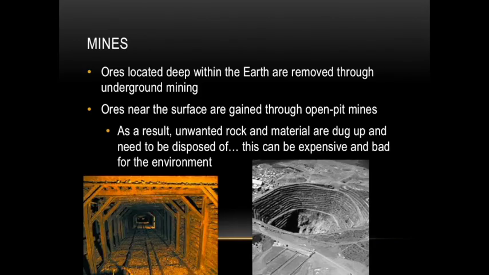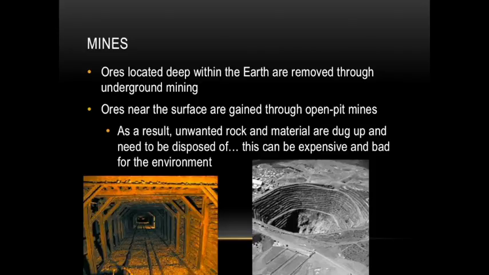In order to extract this ore, we dig mines. So we have these machines that will either dig deep underground into shaft mines, or you'll have mines closer to the surface where you can have either a strip mine or open pit mine, and that's where they're digging through the top surface of the earth, but ultimately what they're doing is digging down into this rock and then trying to extract these elements from within the rock.